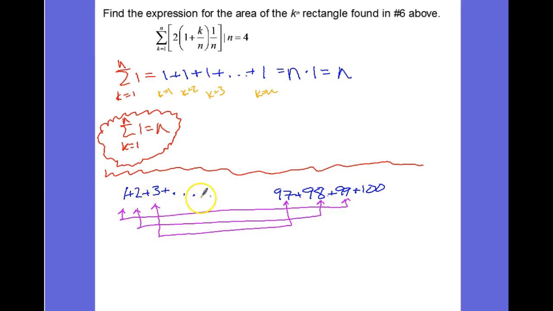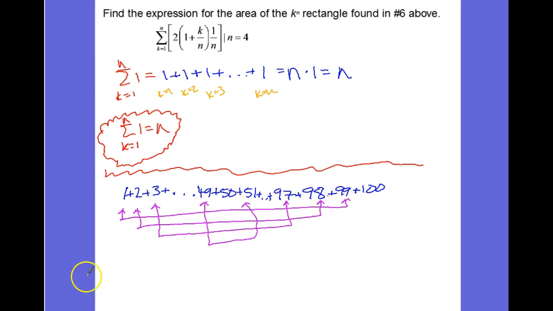So the question is, how many pairs are there? Well, as he worked towards the middle, he realized that you have 49 plus 50 plus 51, and the last pair that he would add would be 49 plus 51.